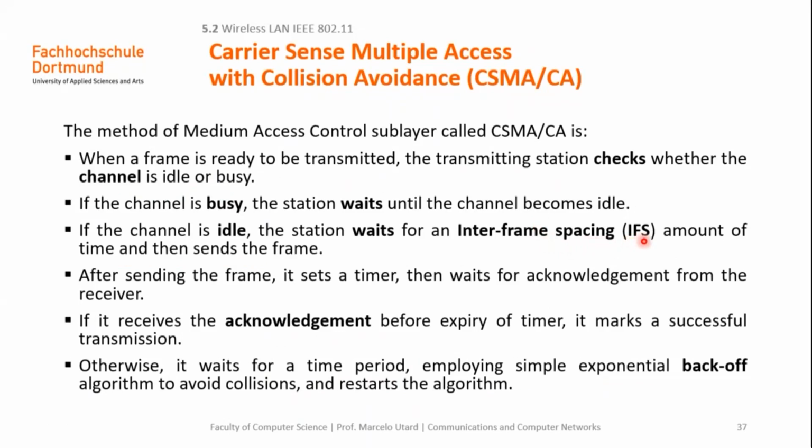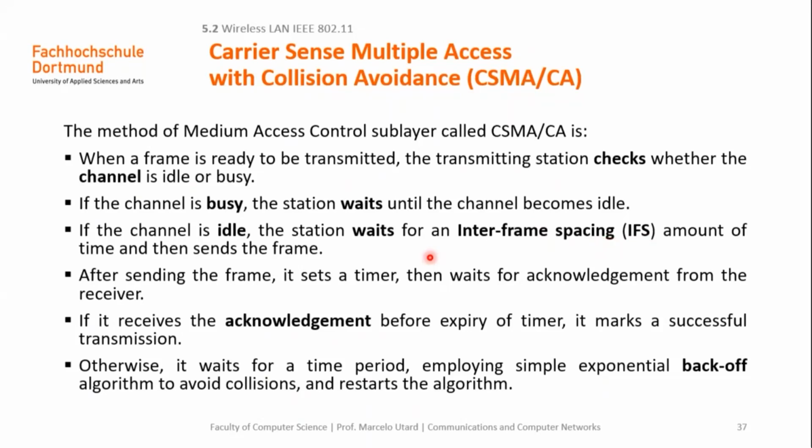We will see that there are different IFS, but in fact, at any moment, once the channel is checked and the channel is idle, the station always waits an IFS, an interframe spacing time.